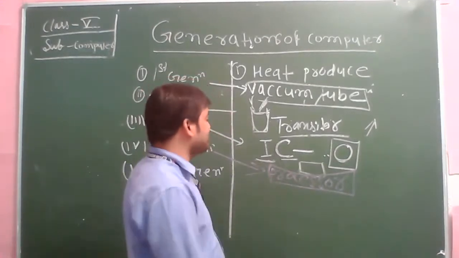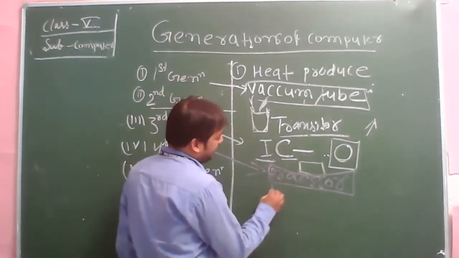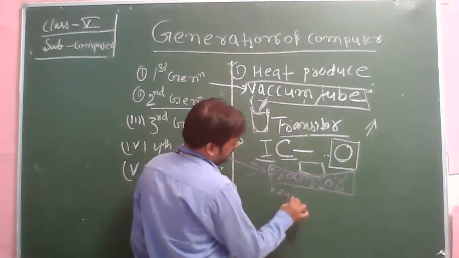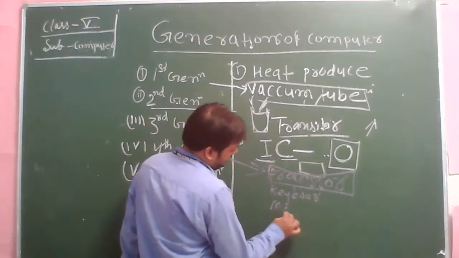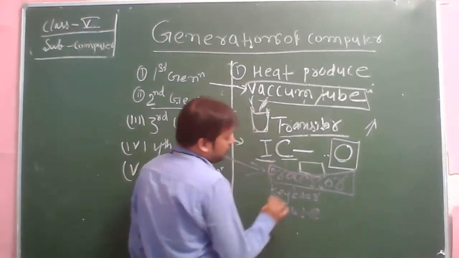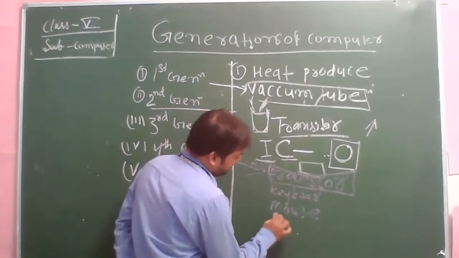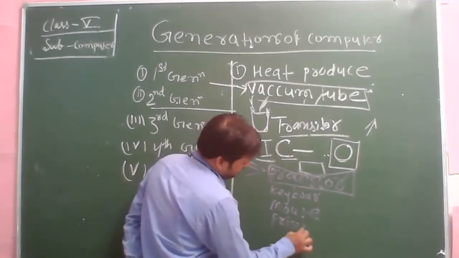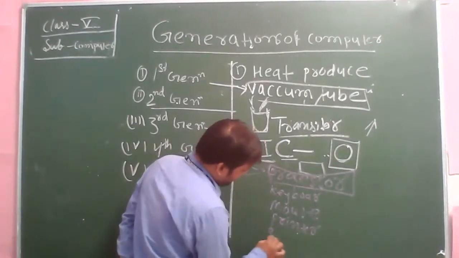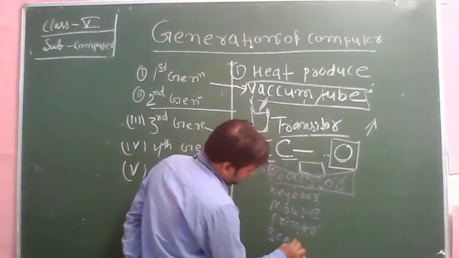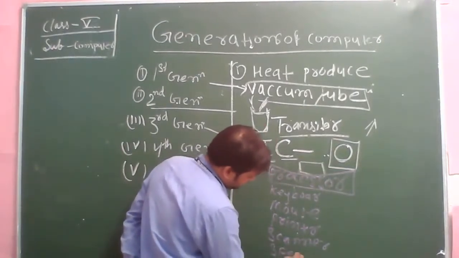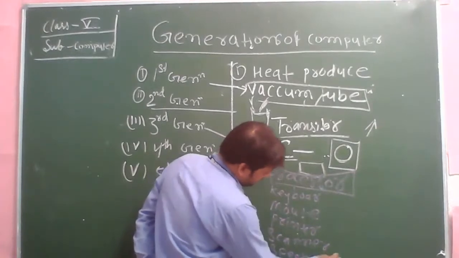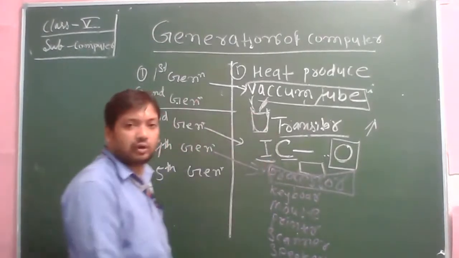Input and output devices are, for example, the keyboard, mouse, printer, scanner, speaker, and many other things.